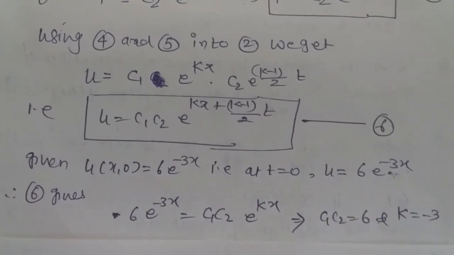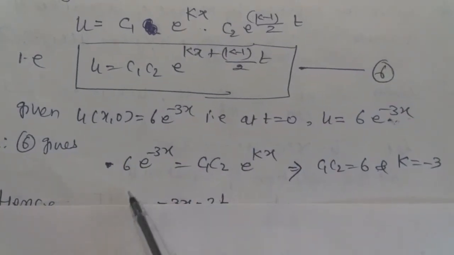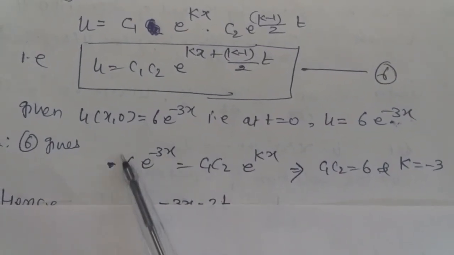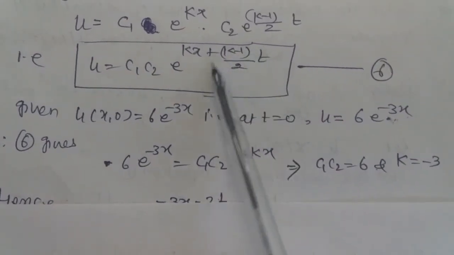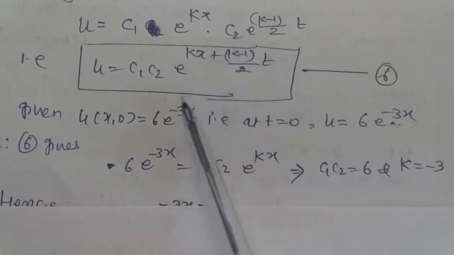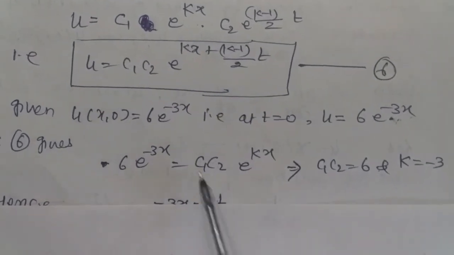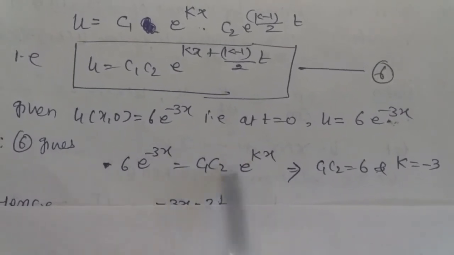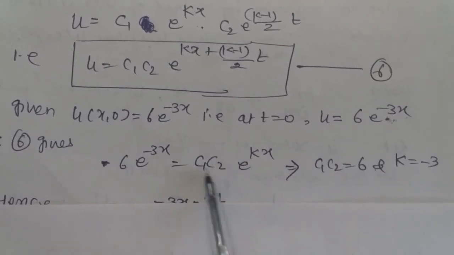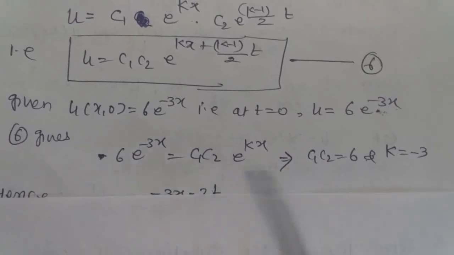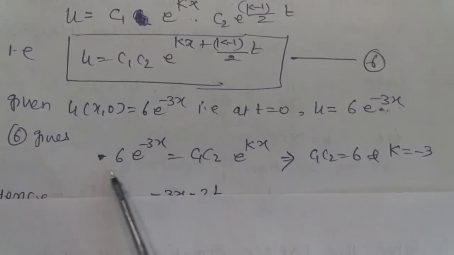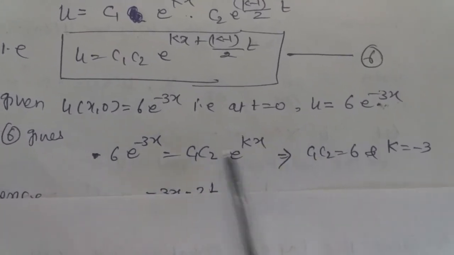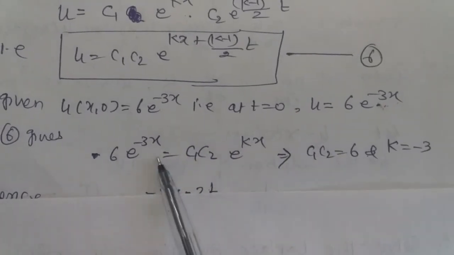So we get 6 times e raised to minus 3x, and when t equal to 0, the second part of the exponent is 0, we get c1 c2 into e raised to kx. Now comparing, we get c1 c2 equal to 6 and k equal to minus 3.